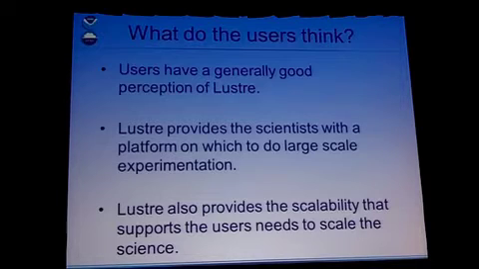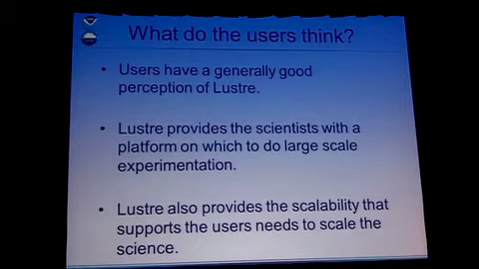The users really have a good perception of Lustre. They're generally happy with it. It gives them the platform that they need to do large-scale experimentation. That's why that first slide is so important. That's the kind of model that defines policy, that gets into IPCC reports, and that's what they're there for.